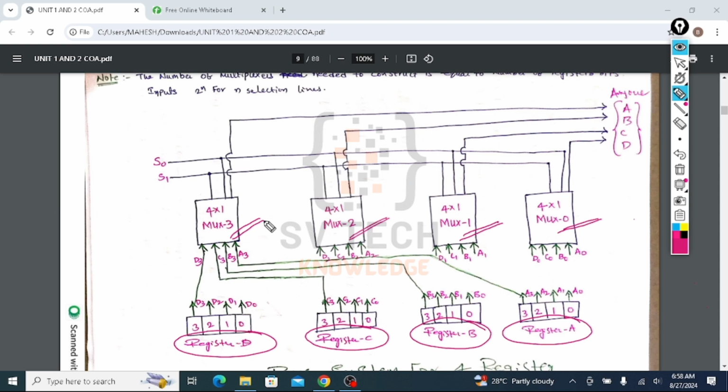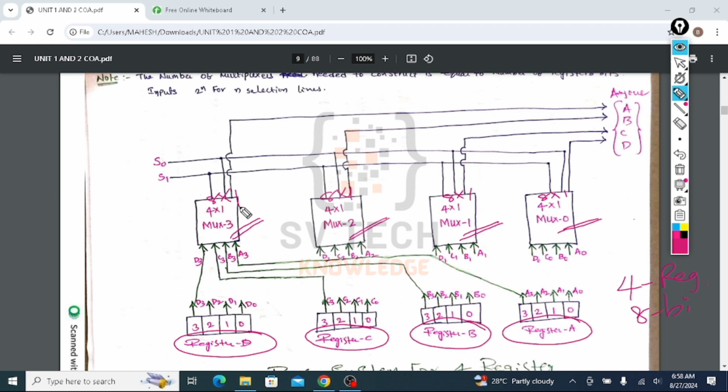If I take 4 registers which are 8 bit registers, then the size will change to 8 by 1, like this, 4 multiplexers of size 8 by 1. So the number of bits is equal to the size of the multiplexer.